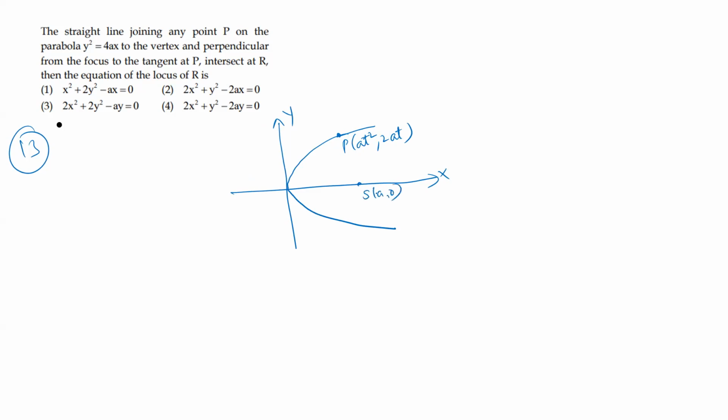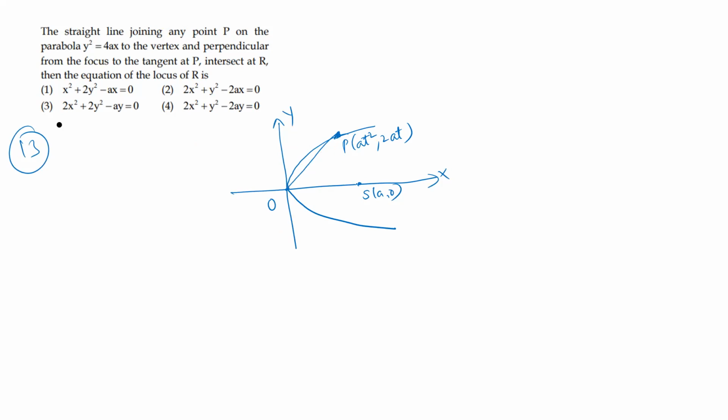Focus is a comma 0. The straight line joining any point P to the vertex. What is the vertex for this? Origin. That's why I'm joining O and P.